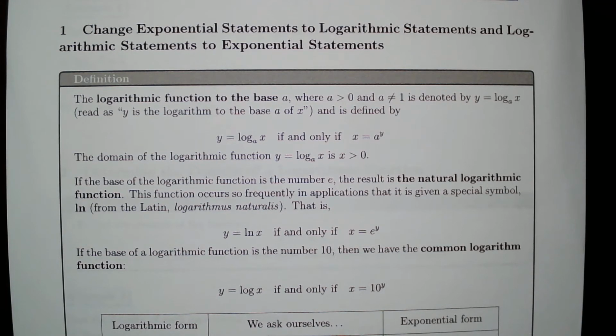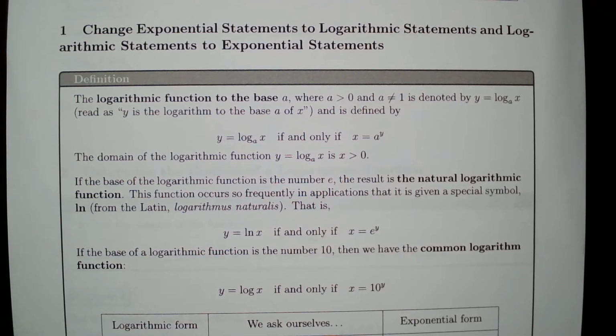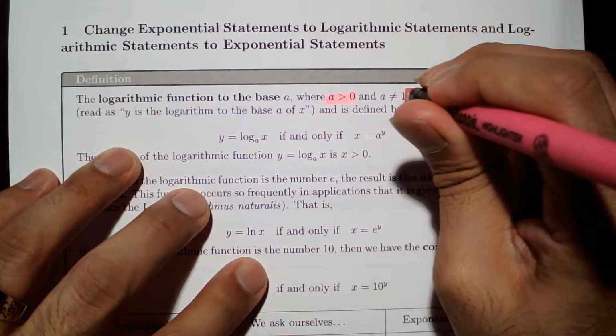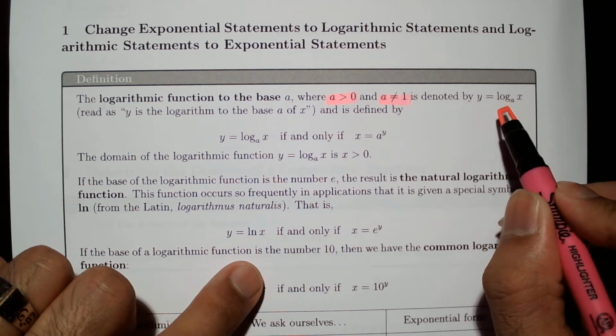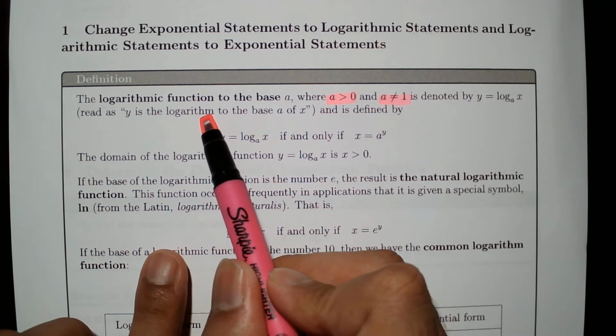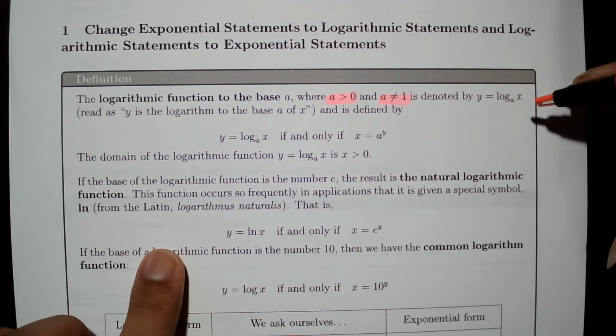So a logarithmic function to the base a, where a is a positive number and a is not 1. That's very important to consider, and it's denoted y equals log subscript a of x, and we read logarithmic function to the base a, or simply we can say log base a of x.